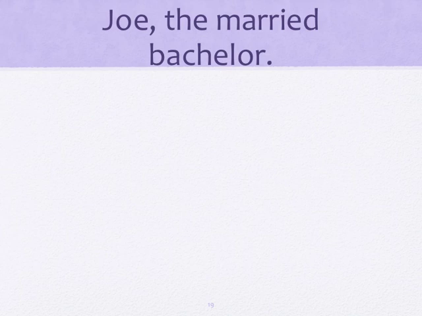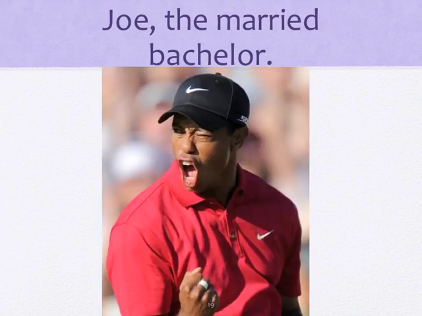You might say, well, that's weird. Married bachelor, something's wrong about that. Bachelors aren't married. And you're right. There's something contradictory or inconsistent about this description. And so I tried to search the internet for an example of a married bachelor, and this is the best thing I could come up with. So there's Tiger Woods.